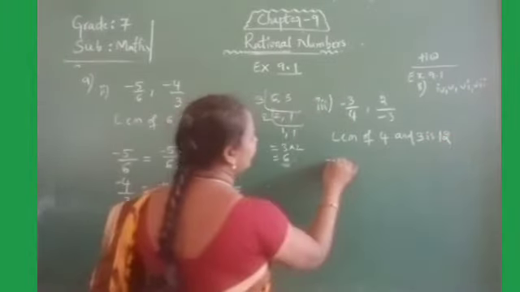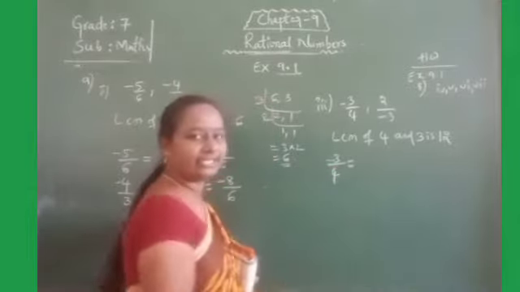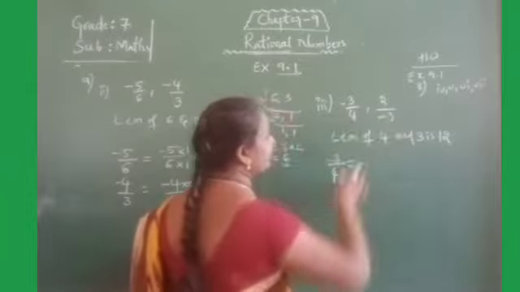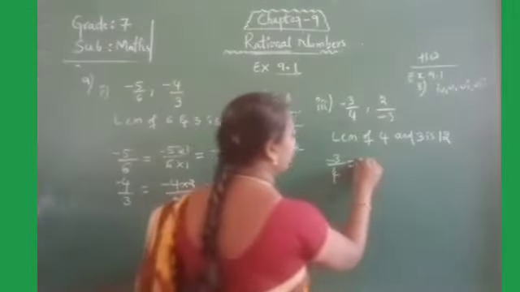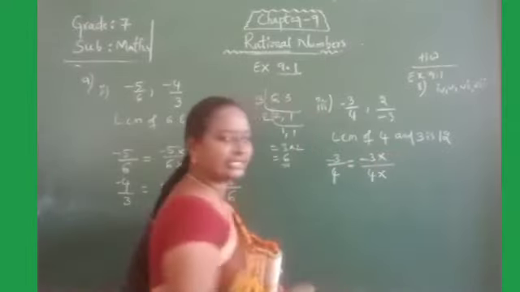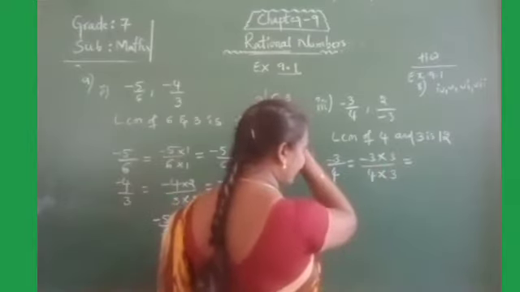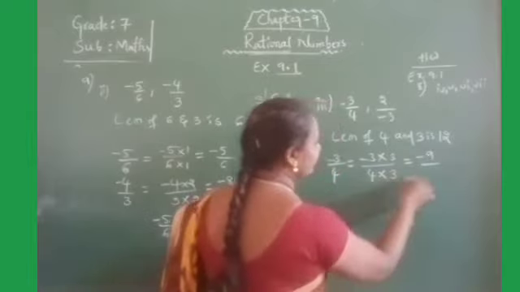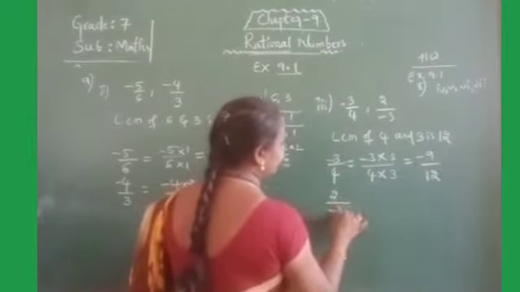So for minus 3 by 4, we have to find the equivalent rational number. That means we have to show the two rational numbers having the same denominator, that is 12. So you multiply the numerator and the denominator by 3 only. Then you will get the denominator as 12. Minus 3 into 3 is minus 9, 4 threes are 12.